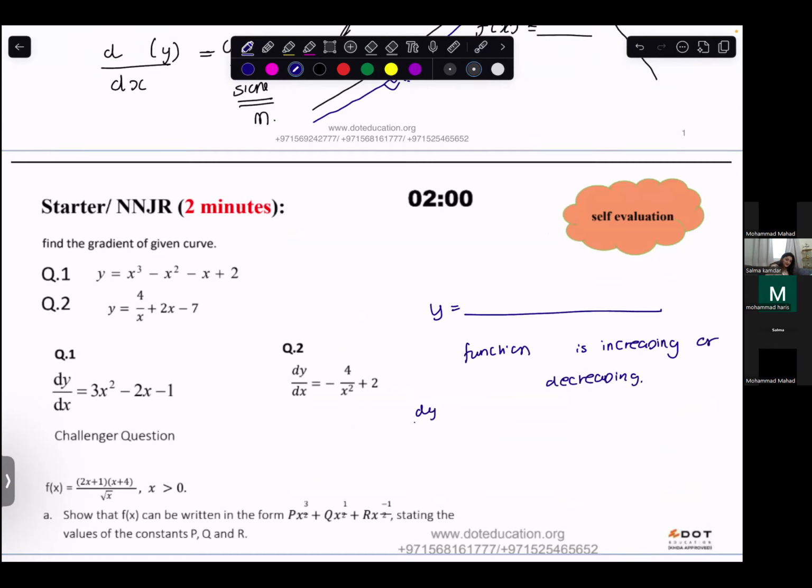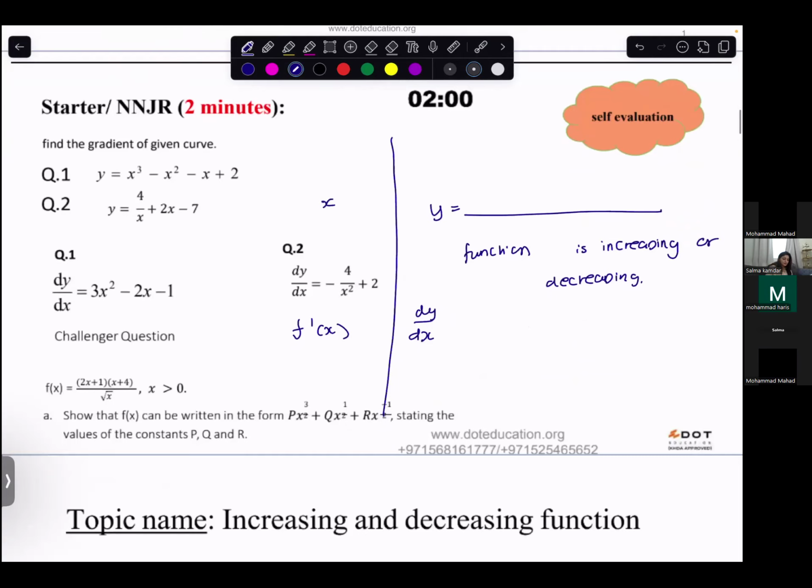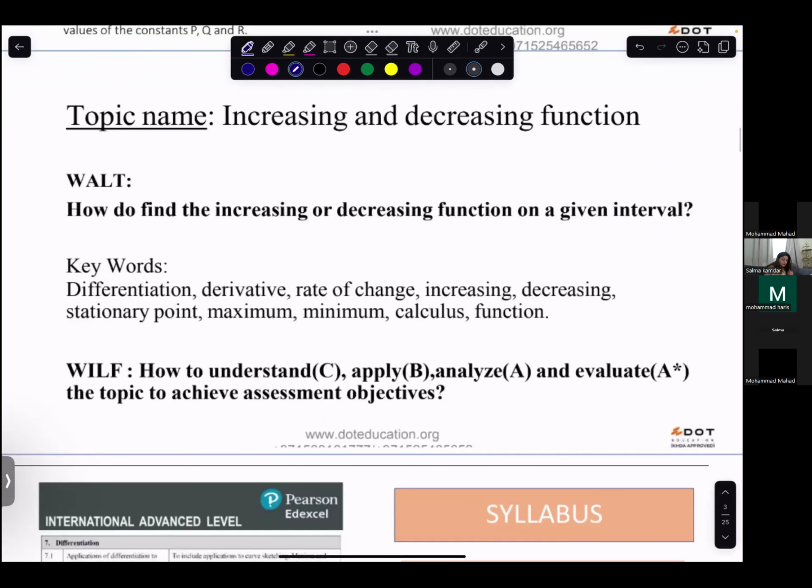That means you would find dy by dx, and if you are given f of x, you would find f dash x. Then once I differentiate, I see if my gradient is positive or negative.